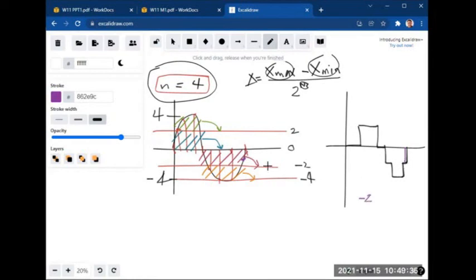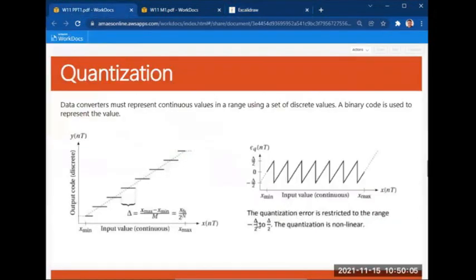But its actual value, let's say, is around -1.3 volts. So there will be a difference between the quantized value, which is -2 volts, and the actual value, in this case -1.3 volts. The difference between the quantized value and the actual value is what we call the quantization error.